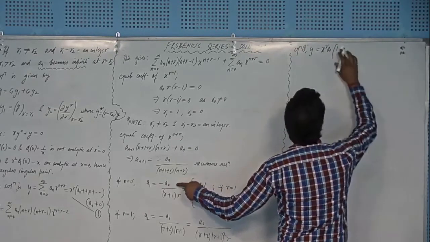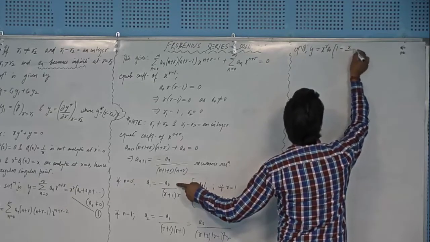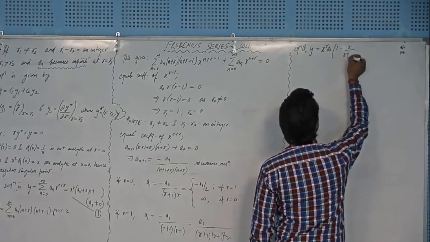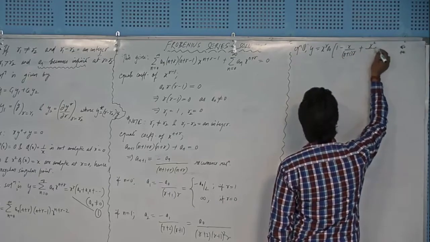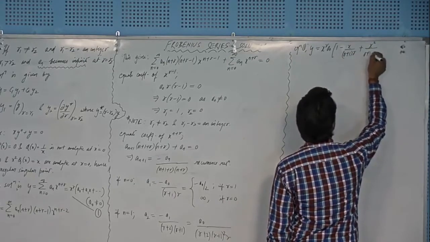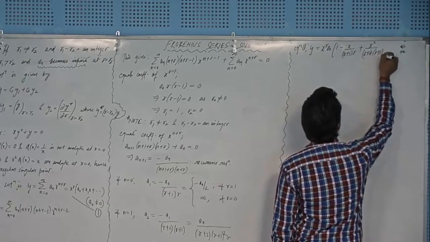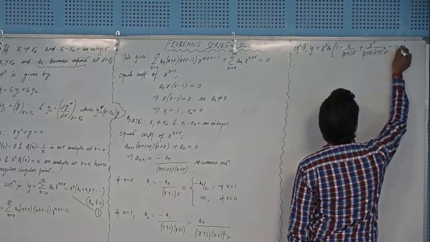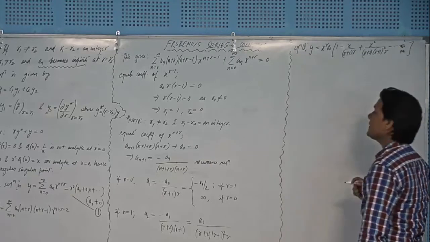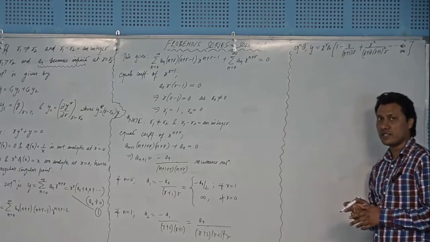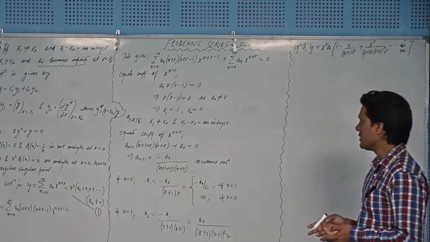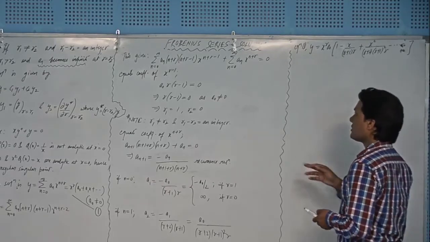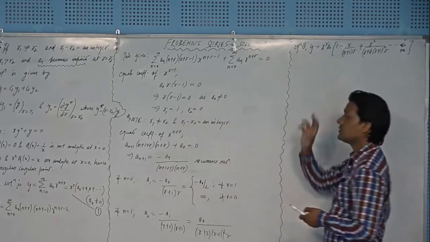A1 is this much, so it will become minus x divided by (r plus 1) times r. Another term will be x square over (r plus 2)(r plus 1) whole square times r, and so on, right? So this is your y in terms of r, right? From here you will obtain your first solution y1, and that can be obtained by directly putting this biggest root here, right? That will be y1.